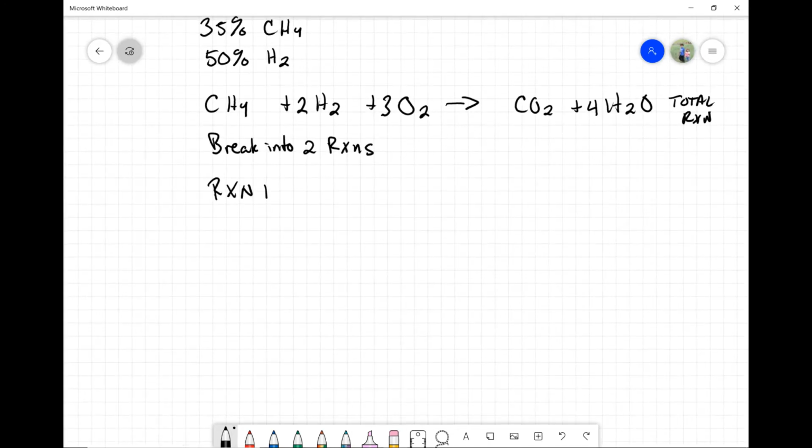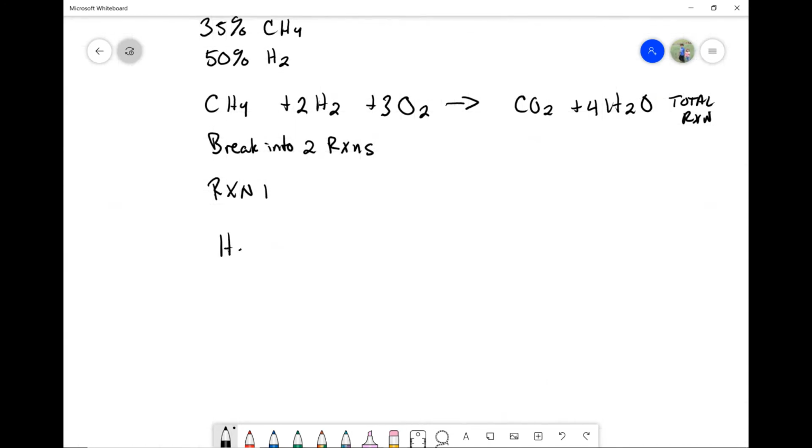So reaction 1, I'll start with H2 this time. I need to balance this right quick. We have 2 oxygens, so 2 H2O and 2 H2.